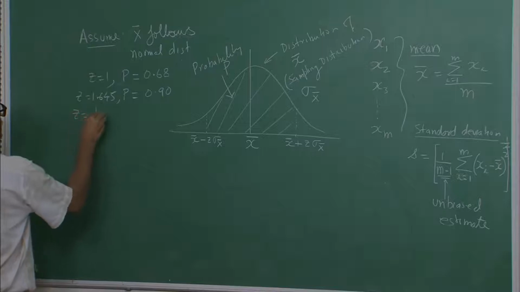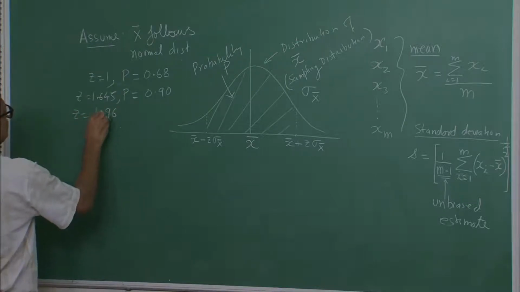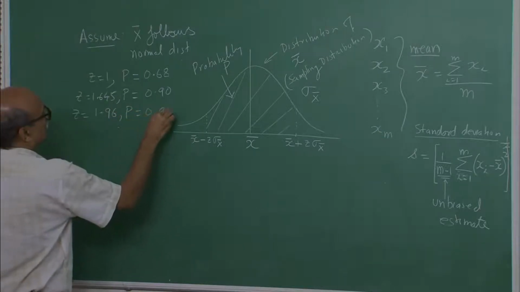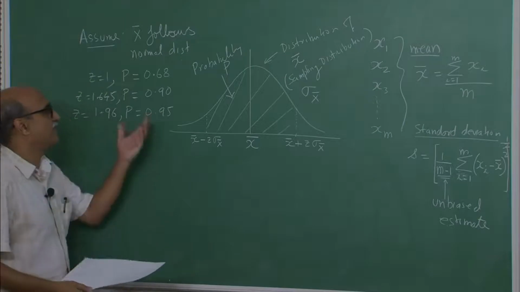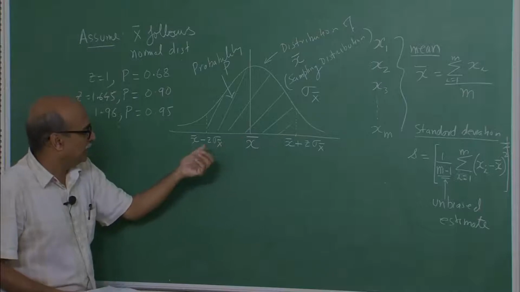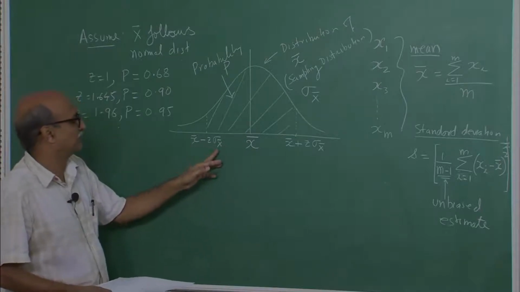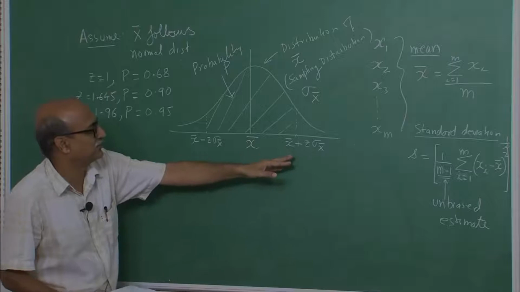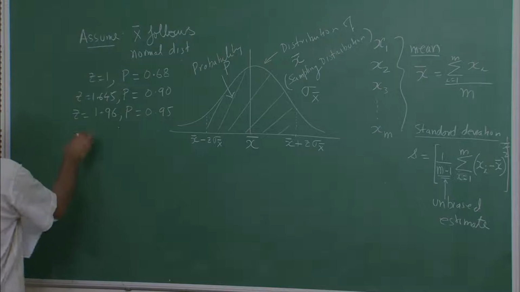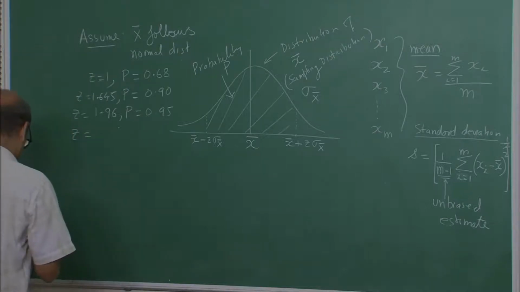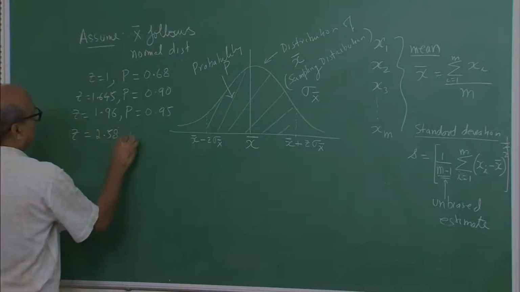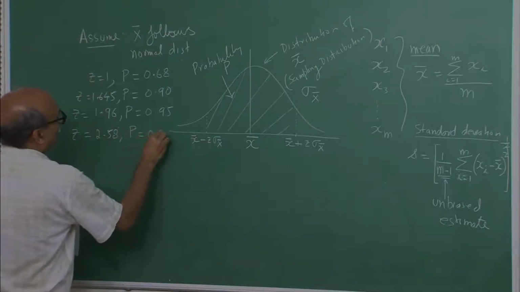Z equals 1.96 implies p is equal to 0.95, or 95% probability that the value of the mean will lie in mean minus 1.96 times sigma x bar and mean plus 1.96 into sigma x bar. Similarly, z equals 2.58 implies a probability of 0.99.